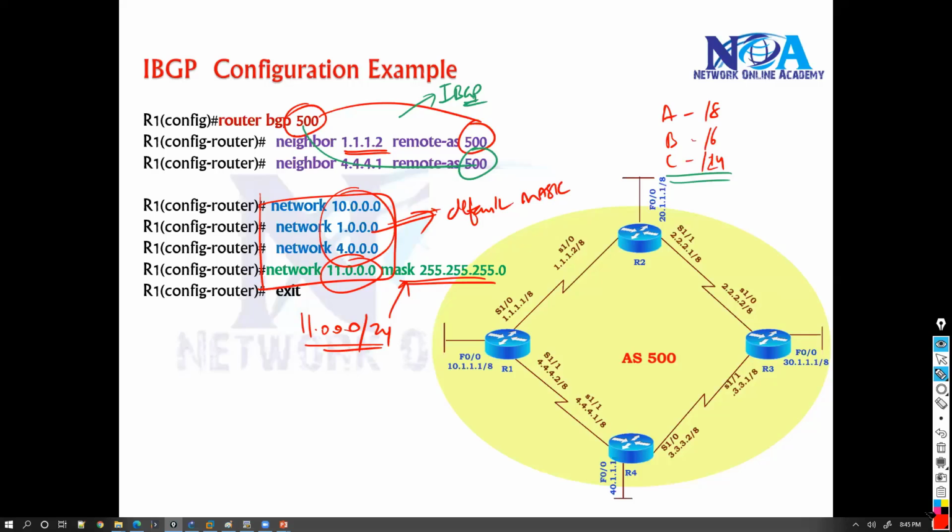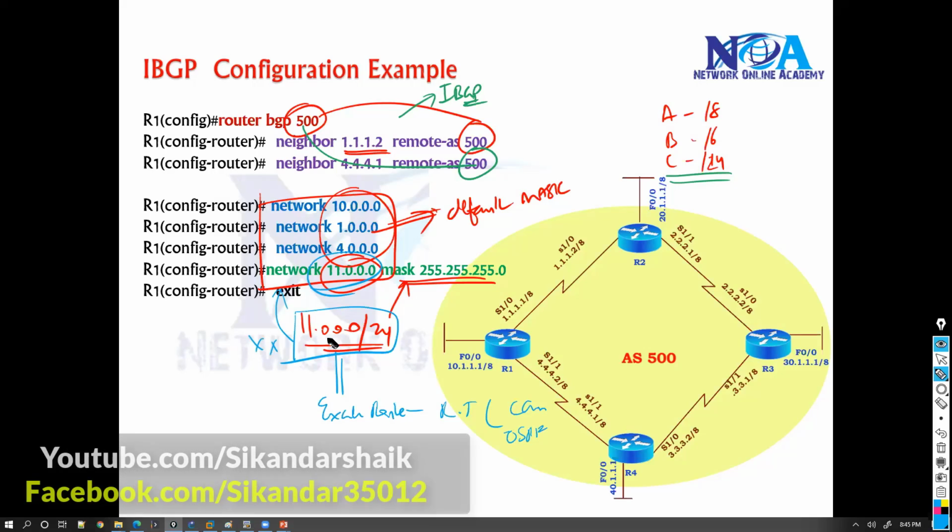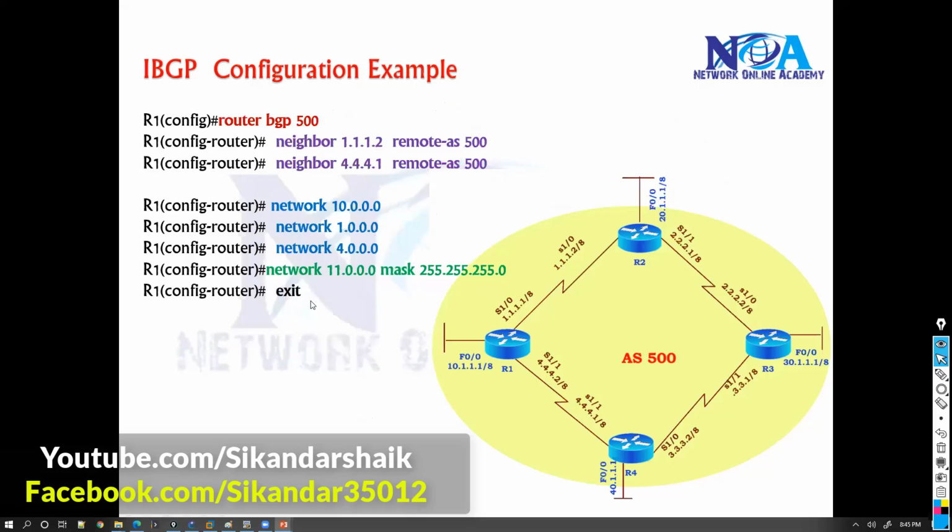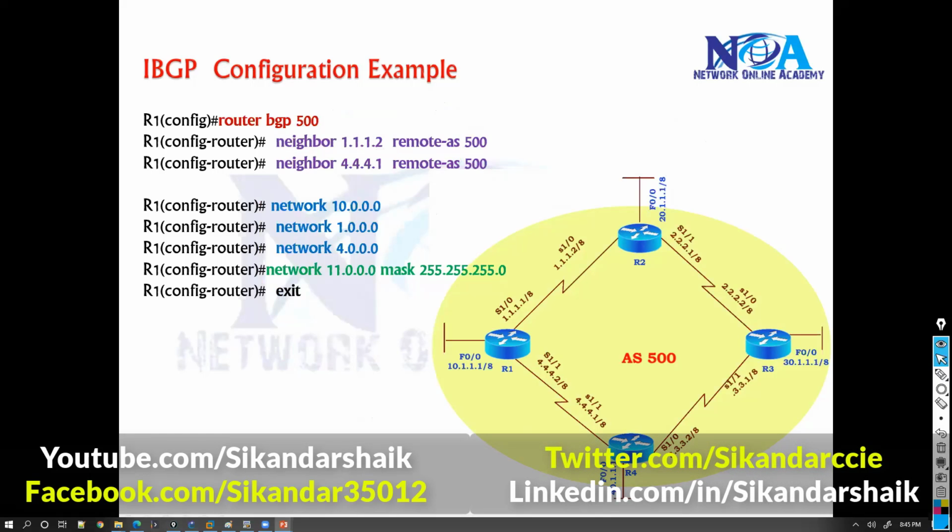And one more thing we need to remember, whatever network statement you give here, this exact route must be present in the routing table, whether connected or OSPF, then only BGP will advertise this route. If you don't have this route in the routing table, and you are trying to advertise that route, then BGP is not going to advertise those routes. So that is another condition we need to keep in mind while we are doing these configurations.